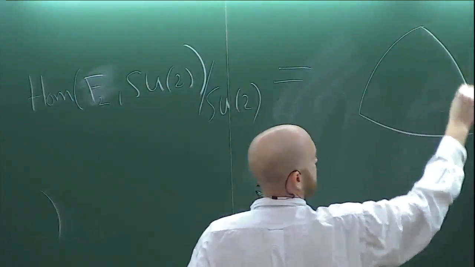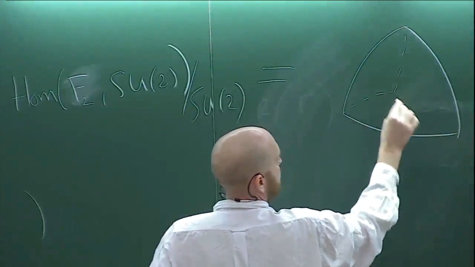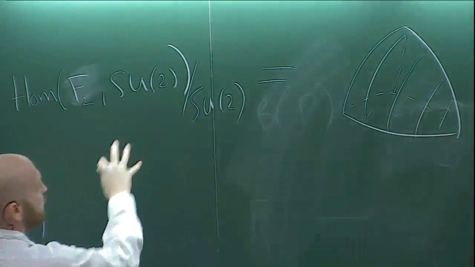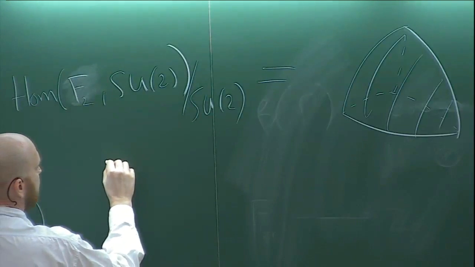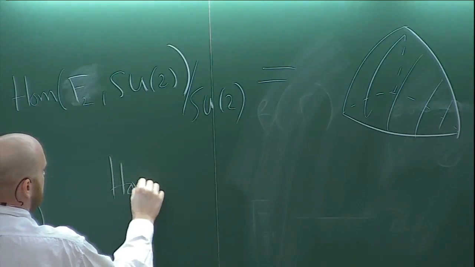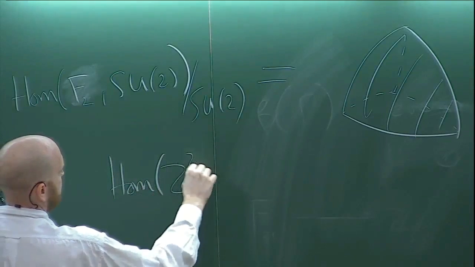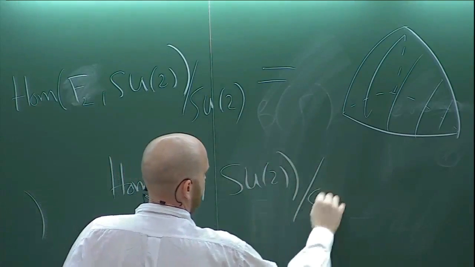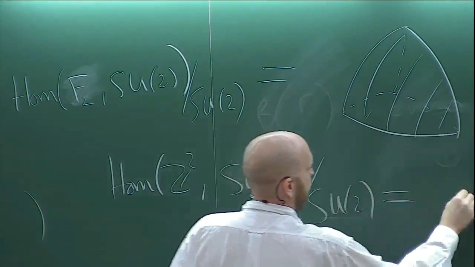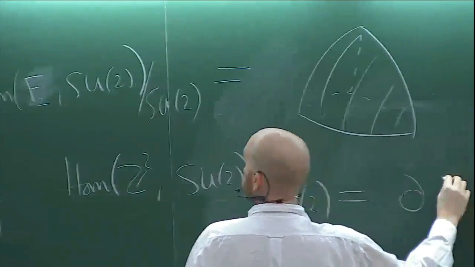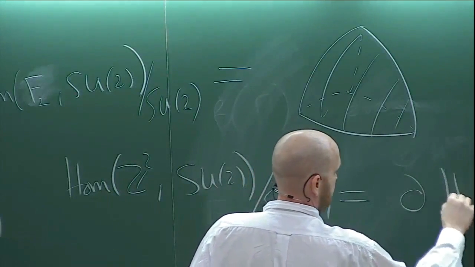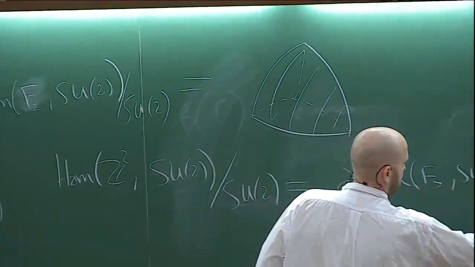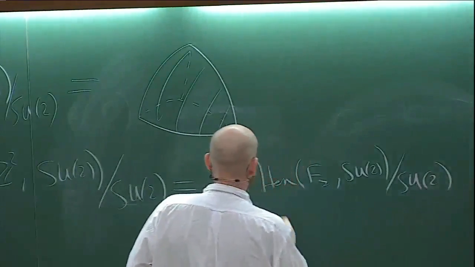Looks kind of like this. But it's solid. That's what this is. And the abelian representations in there is the boundary of this. In particular, it's a two-sphere.